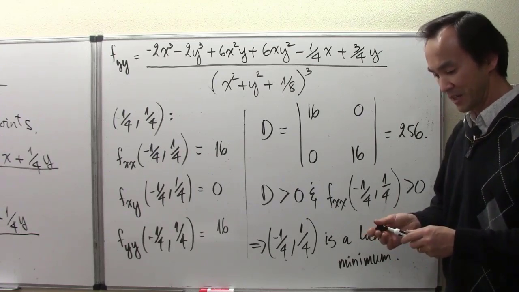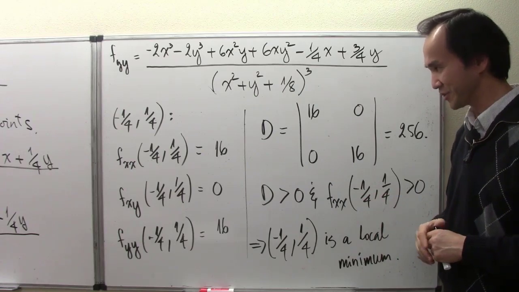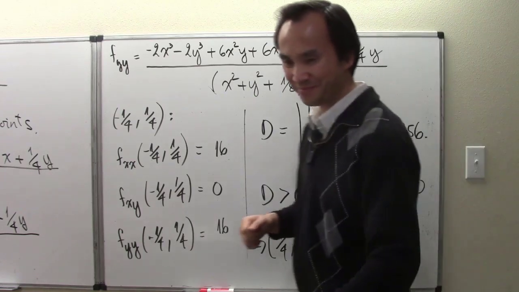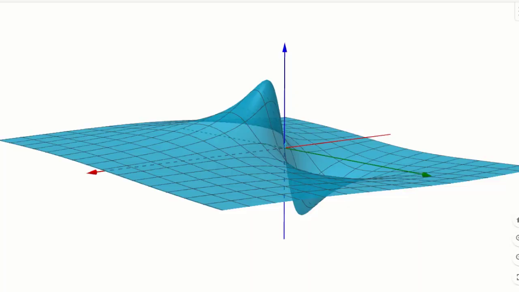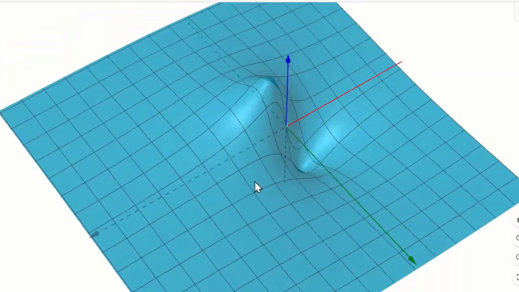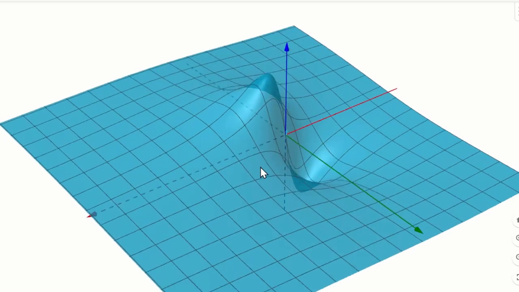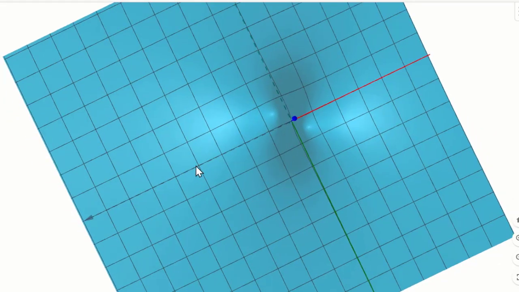Now let me put the graph back so that you can convince yourself. We found two critical points right here. All right, here's the graph once again. As far as the picture, it tells us that we have a local maximum right here. Now I turn the view of the graph, so positive x-axis is here, positive y-axis is along this way.